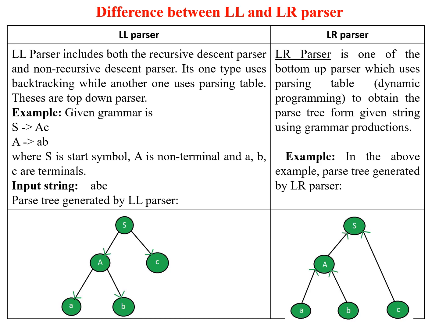And mainly the LL parsers will be classified as recursive descent parsers. The recursive descent parsers can contain recursive functions or non-recursive functions also. And one more basic feature of the LL parsers, when dealing with top-down parsing, is that they use brute force methods, that means backtracking.